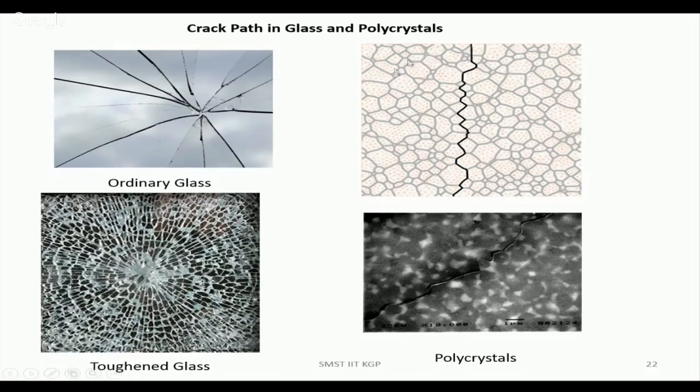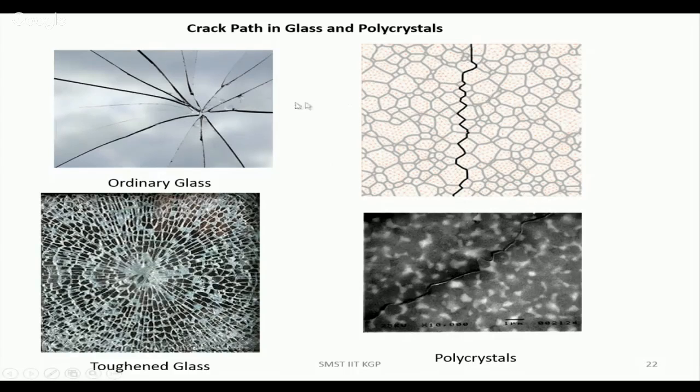And in crystalline material, as I said, there could be single crystal material, where we have minimized the defects. But in polycrystalline material, if the crack follows the grain boundary, you can see the crack is going in a zigzag way, isn't it?